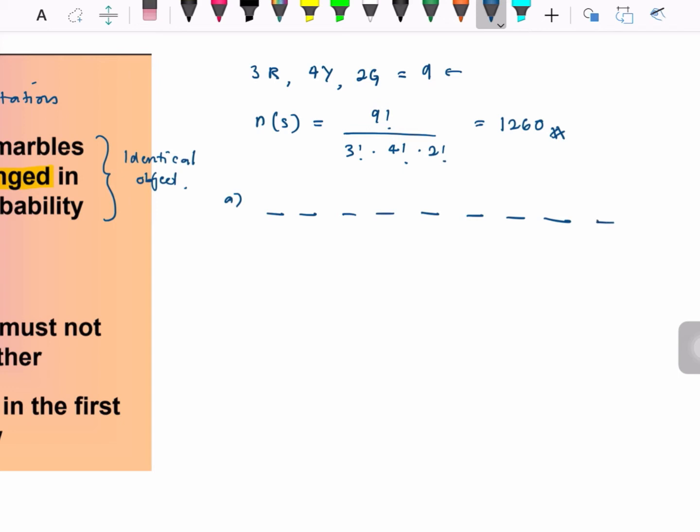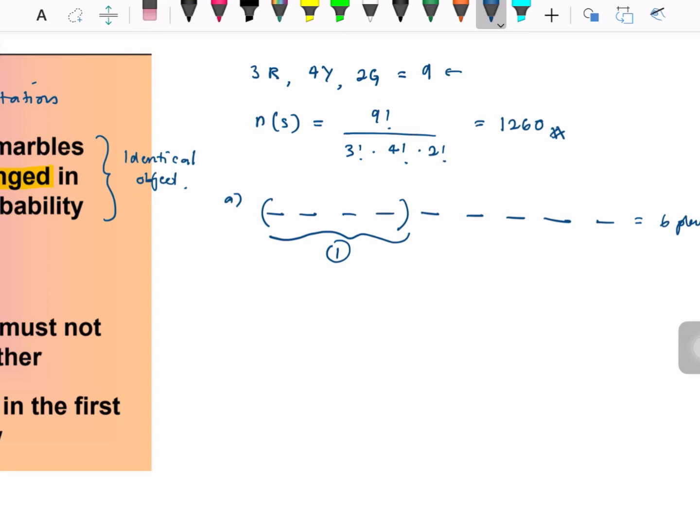These 4 places will be for the yellow marbles. Since these 4 places for the yellow marbles must be next to each other, we have to consider them as one place. So in total, including this 1 place, we still have 6 places to arrange.